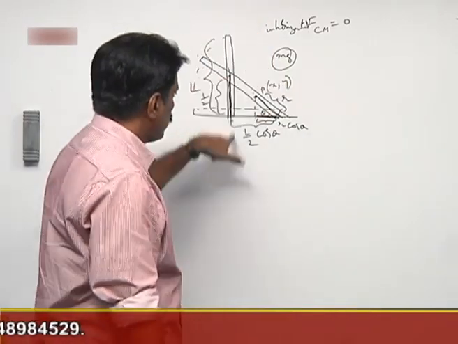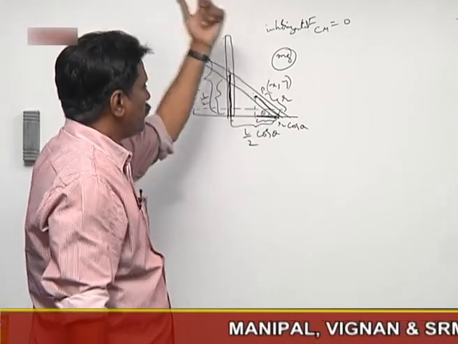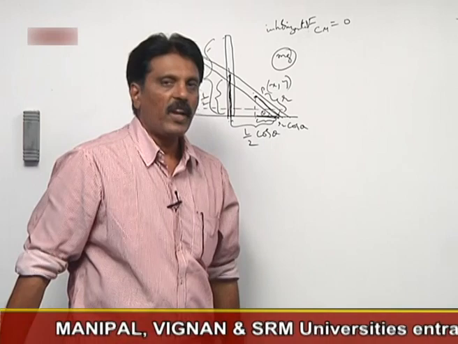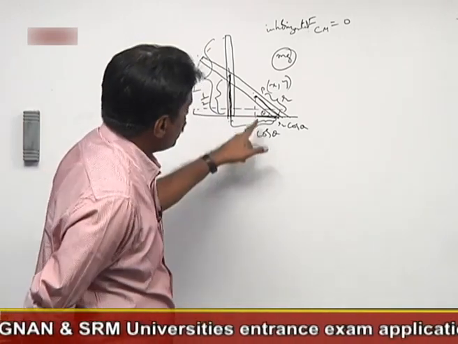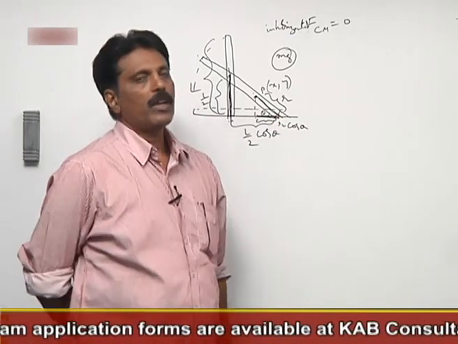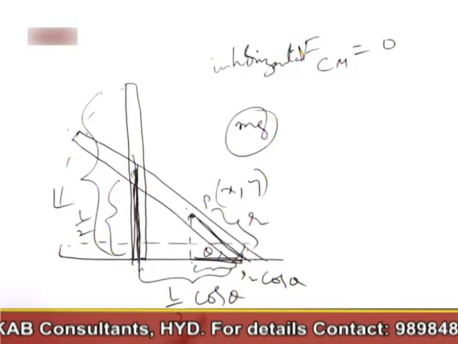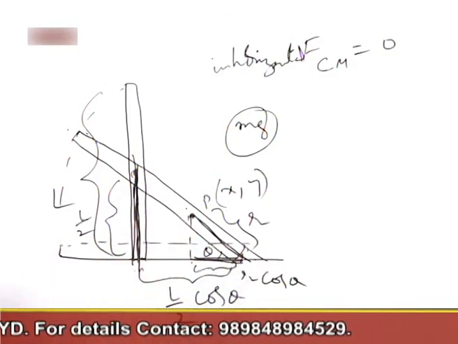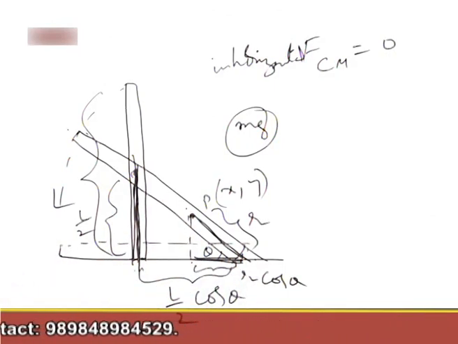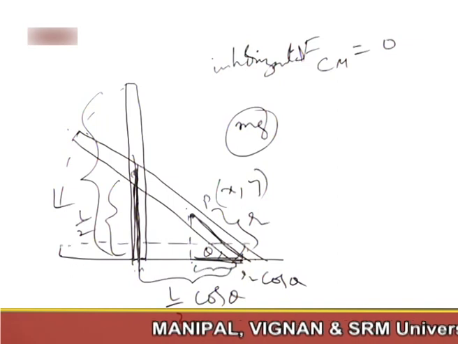It falls in this line only, but different points on the rod execute different types of motions. Here we are trying to find what kind of motion is executed by a point P which is at a distance r from the bottom of the rod. For that, let the coordinates of P be x comma y.